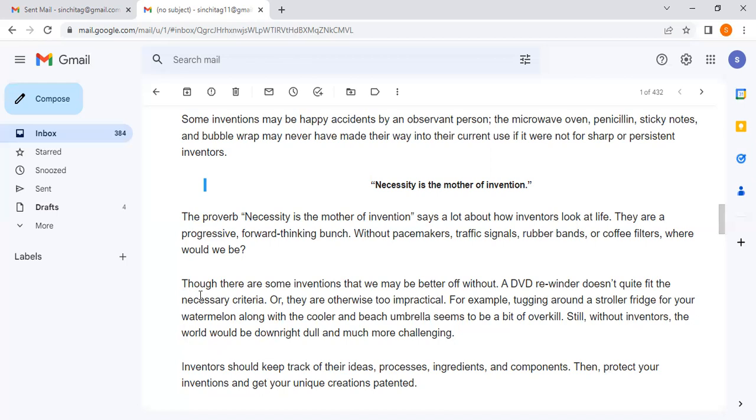Though there are some inventions that we may be better off without, when they do not quite fit the necessary criteria, or they are otherwise too impractical.